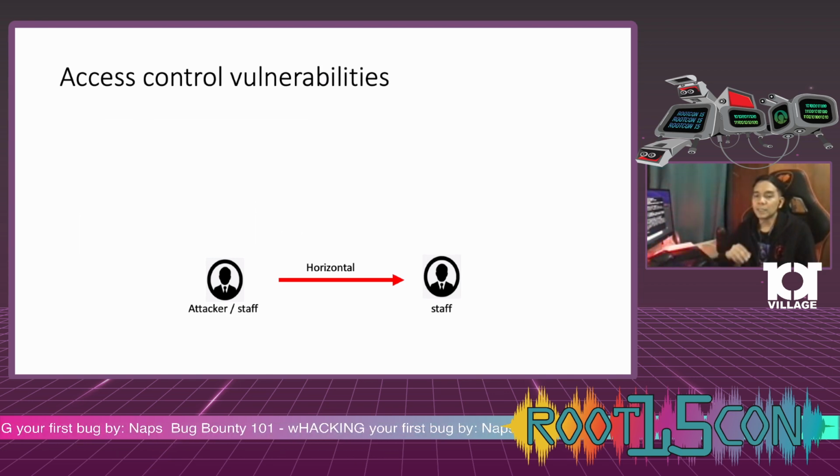So guys, in checking if there's an access control issue, we need to have multiple test accounts with different roles. In this case, we use the same roles as staff.